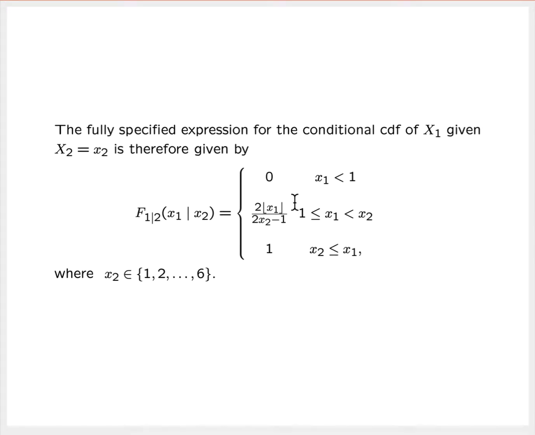And then it's 2 times the greatest integer that is less than or equal to x1, over 2 times x2 minus 1, as long as x1 is any real number that is greater than or equal to 1 and strictly less than x2. And this applies for the values of x2 in the sample space of that random variable.